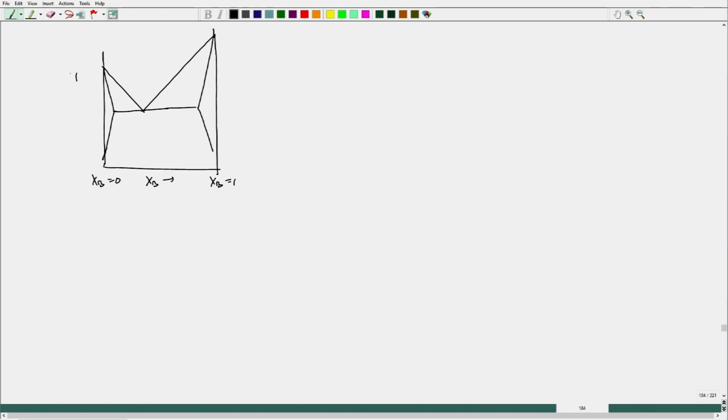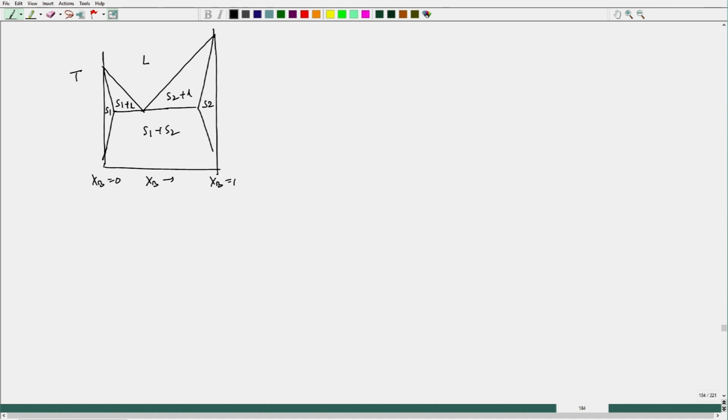Let us say this is temperature, this is liquid, S1 plus liquid, S2 plus liquid, this is S2, S1 plus S2.